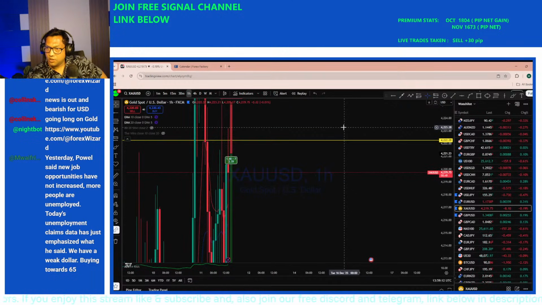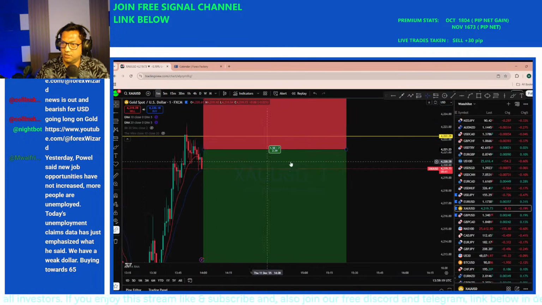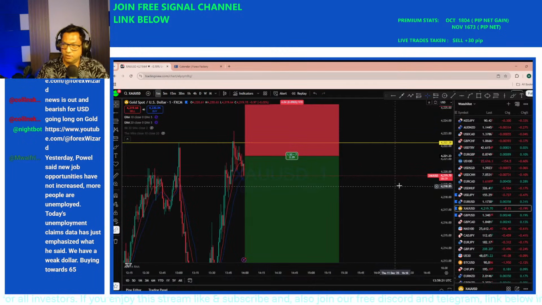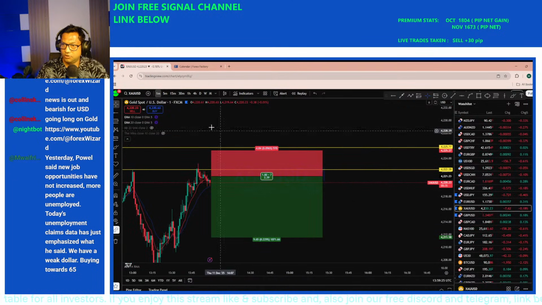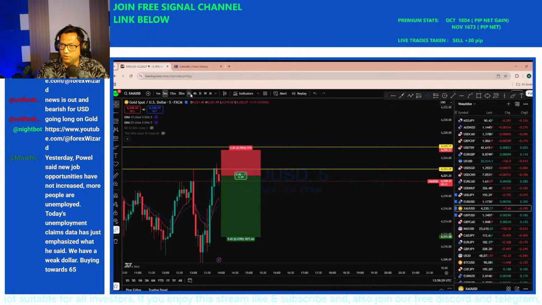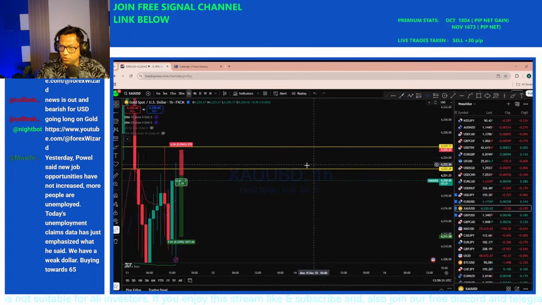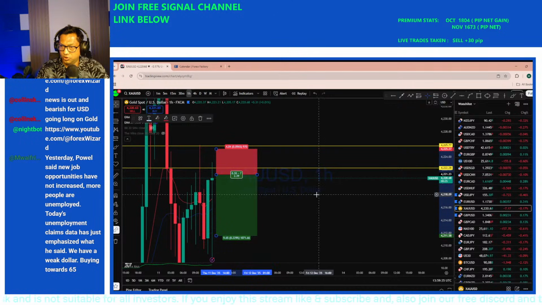So there is a 1 hour candle close coming, and before the candle close we see that there is a downside bearish price action so far, and with this 1 hour close you see that this is closing potentially as a doji.